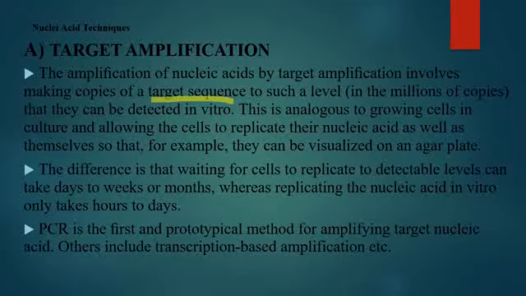But in target amplification, we know a particular portion of the DNA that we need. We multiply that target severally. The difference is that waiting for cells to replicate to detectable levels can take days to weeks or months, whereas replicating the nucleic acid in vitro only takes hours.